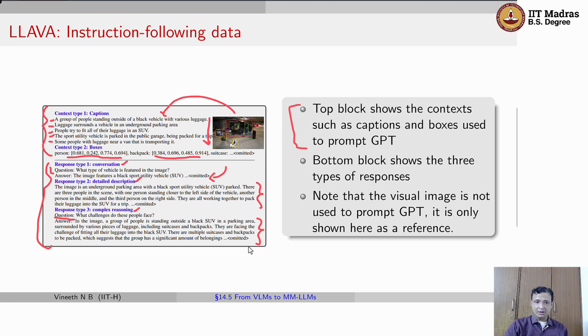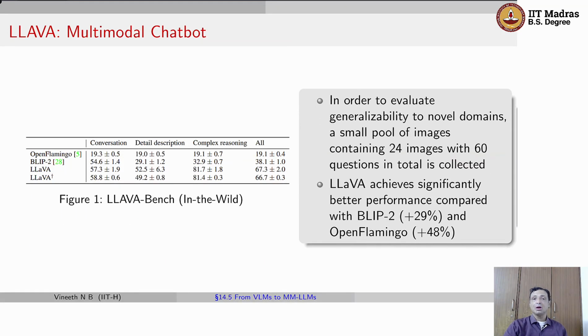Keep in mind that their dataset focused on singleton instruction following data. So the visual image here is not used to prompt GPT, it is only used as a reference. They simply used the other details to get these responses, which were used for the instruction following dataset.